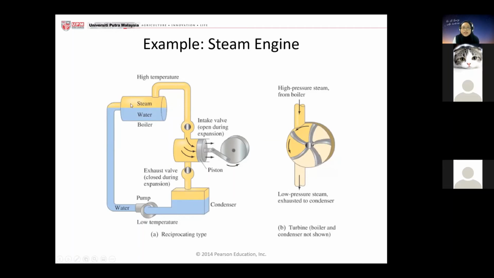This heat will move through the condenser, which is a lower temperature reservoir. The movement there will give out work through the piston. It expands and it compresses, and that system is going to give you useful work, right?